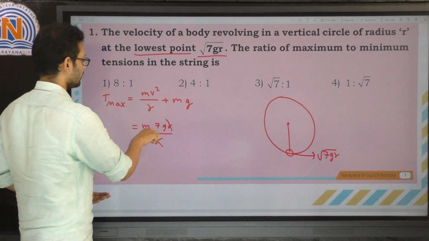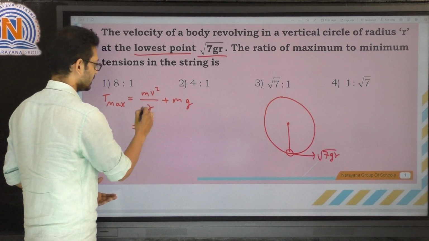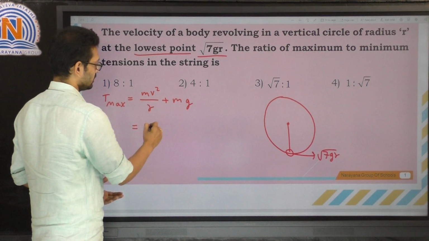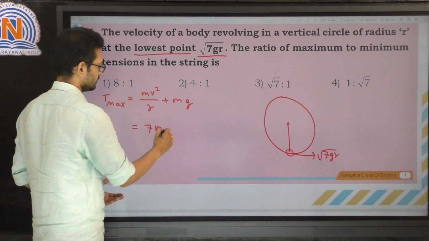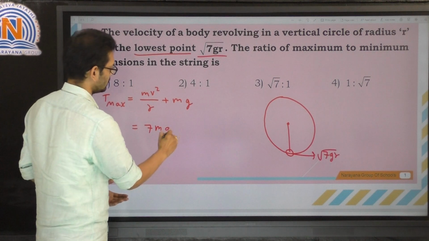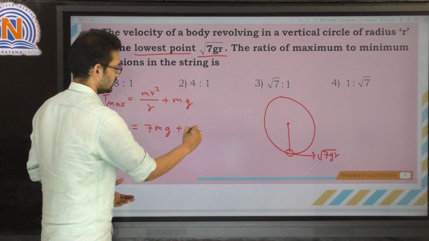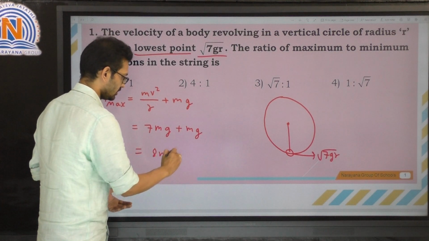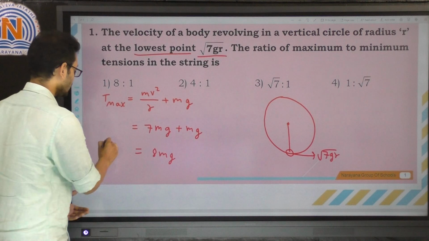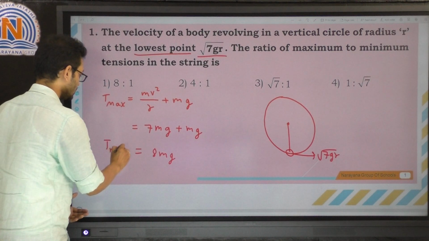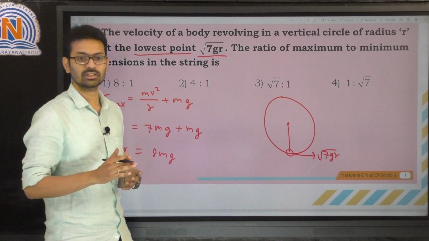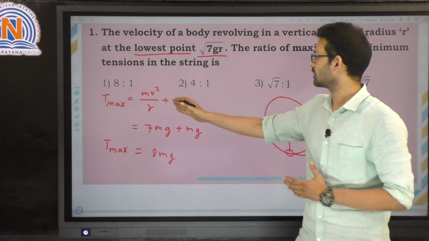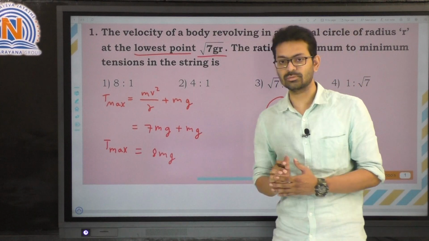So now your total value is 7 mg plus mg. You are going to get 8 mg. That means your T max value is 8 mg.